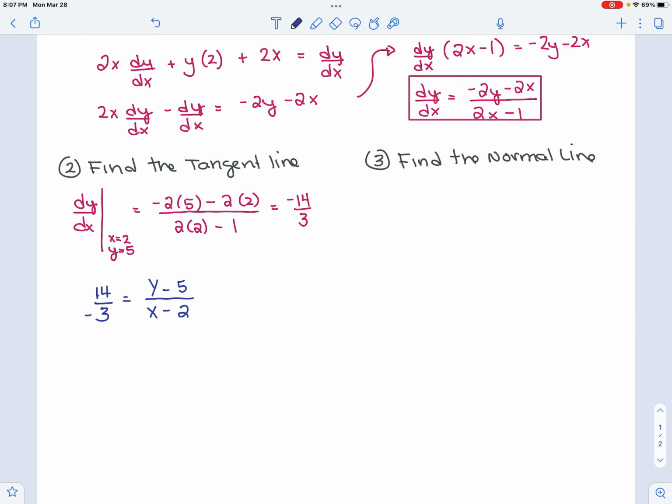Okay, and then we can just multiply both sides by minus 3 and by x minus 2 to get rid of fractions. And we get 14x minus 28, equals minus 3y plus 15, and then I get 14x plus 3y, and then I can bring the 28 over, and what does that give me? 43.